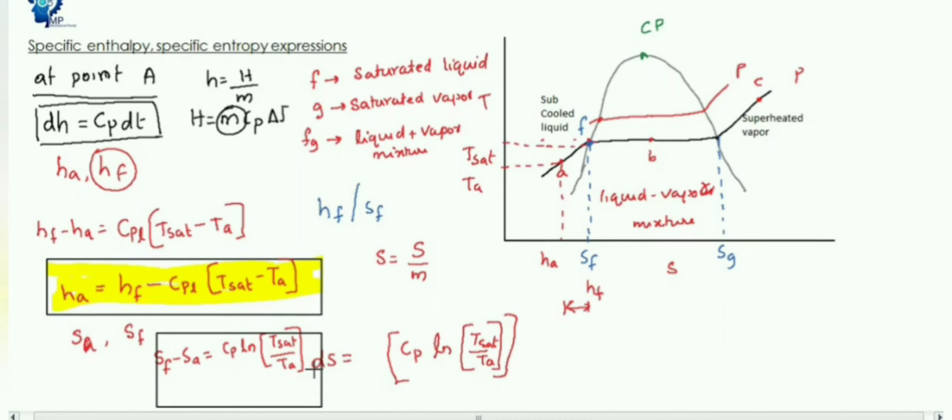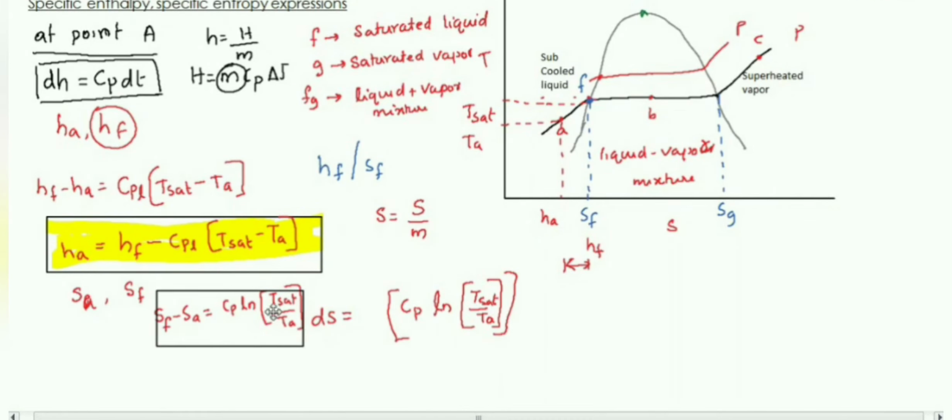This is the equation for the change in entropy at point A, that is in the subcooled region. Here SF minus SA is the region in the curve, and this is the point SA.